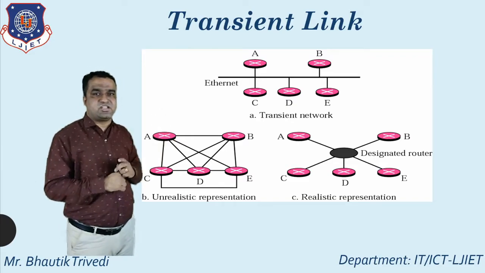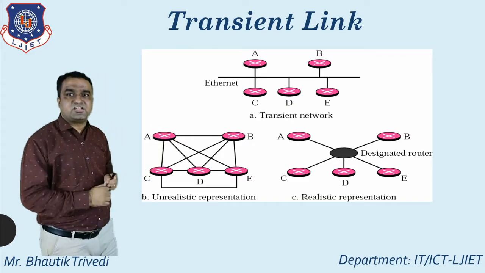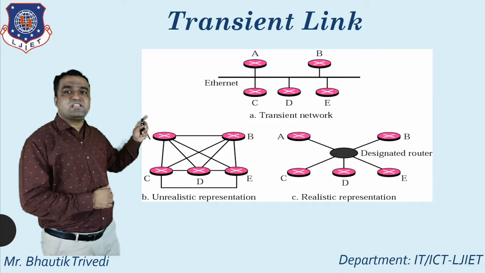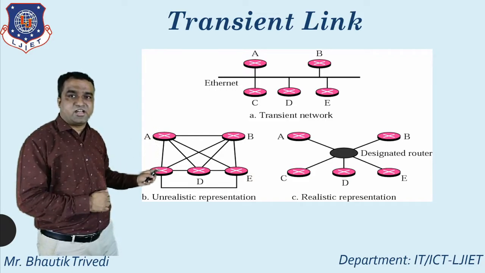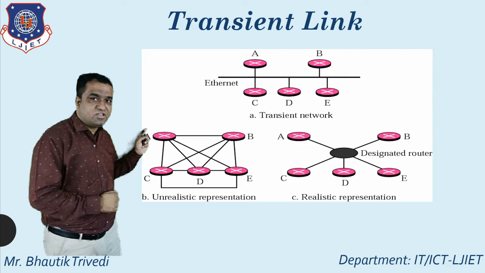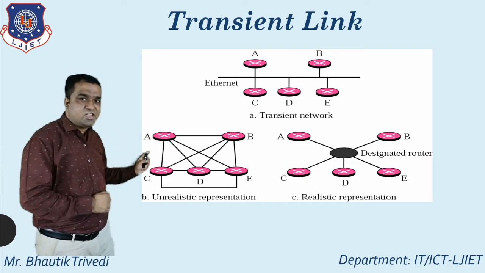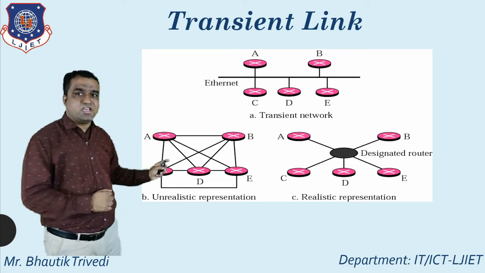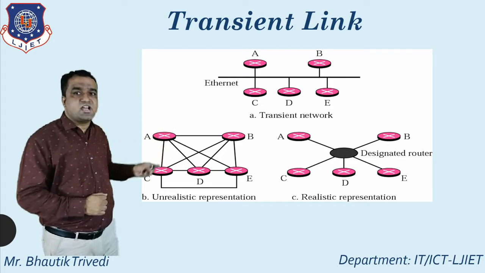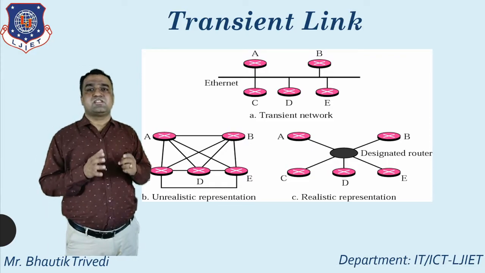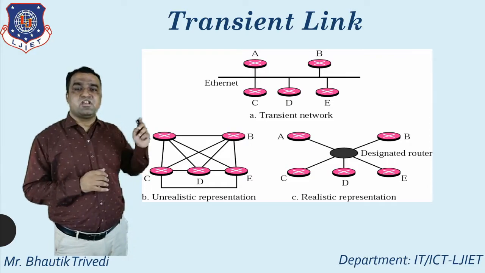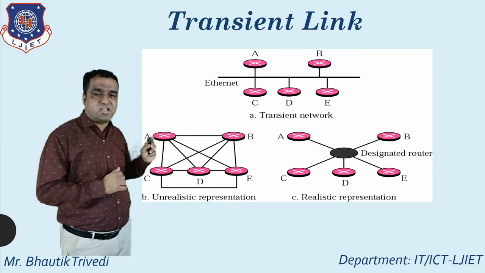And unrealistic representation means what? Each and every router is connected with each other. So here you just see A is connected with C, A is connected with D, A is connected with B, A is connected with E. This kind of representation is known as an unrealistic representation using the concept of transient link.